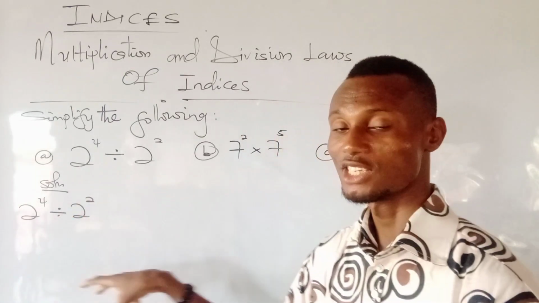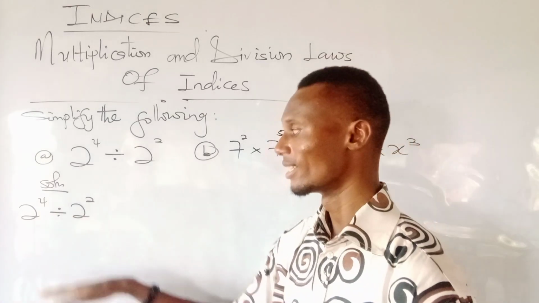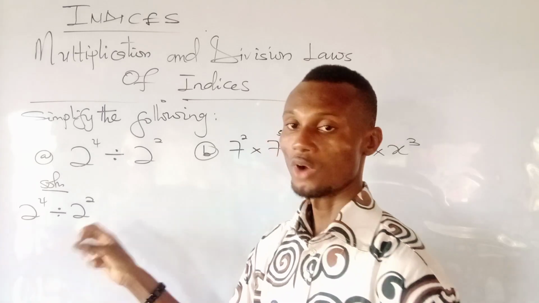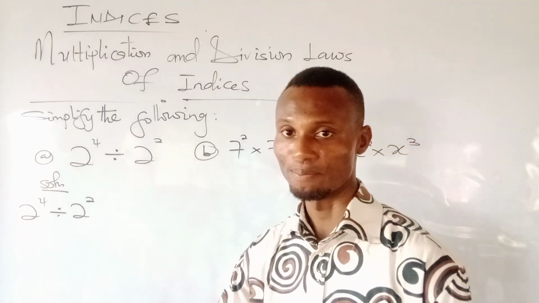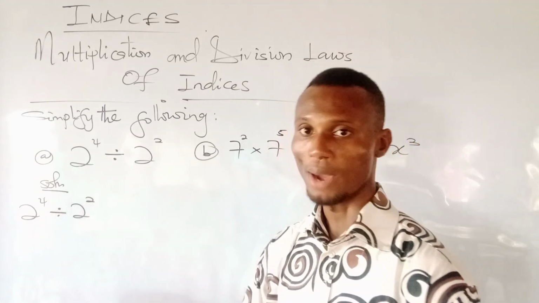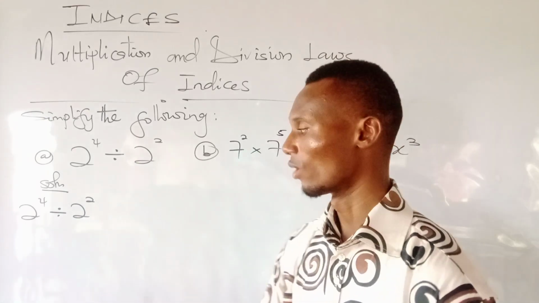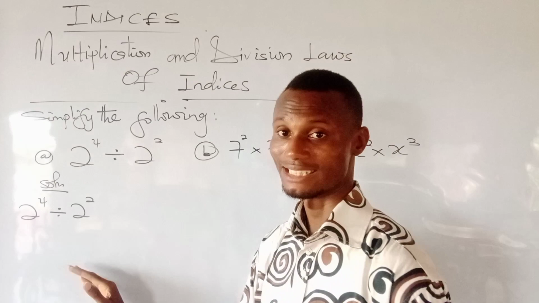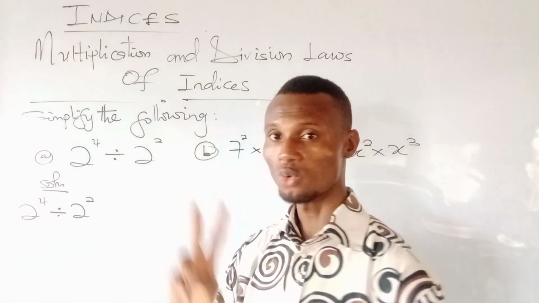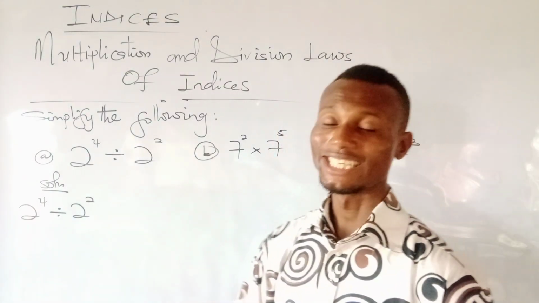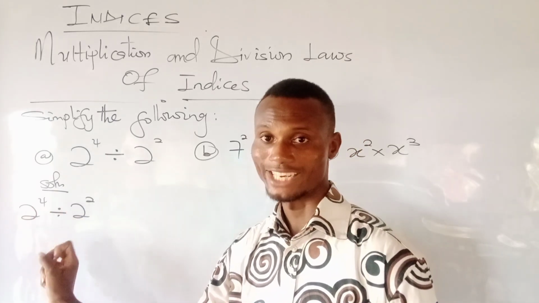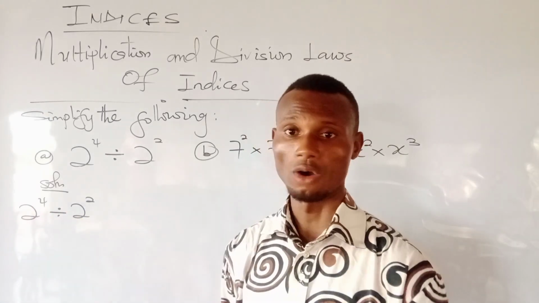The division law of indices says that if the bases are the same and they are dividing, we just pick one of the bases, then we subtract the powers to simplify. The two conditions are important: the bases have to be the same, and they have to be dividing before we can apply the division law of indices.